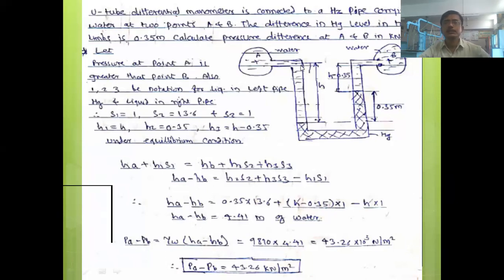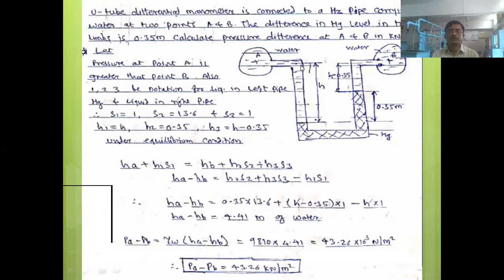A U-tube differential manometer is connected to a horizontal pipe carrying water at 2 points A and B. The difference in the mercury level in the two limbs is 0.35 meter.